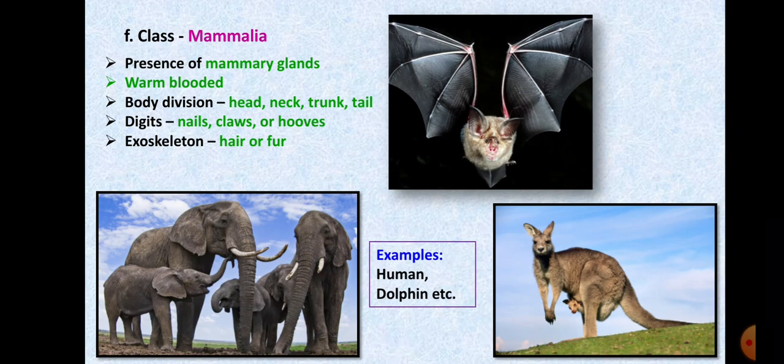Body is divided into head, neck, trunk, tail. Now, as evolution went on taking place, when humans developed, humans did not show presence of tail, but we do have tail bone.